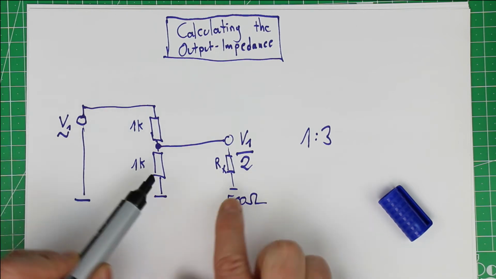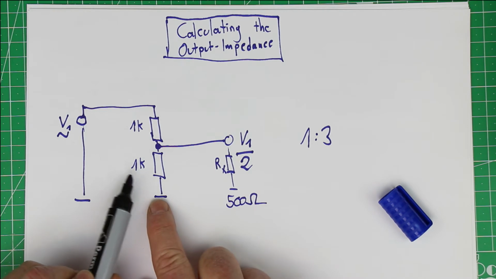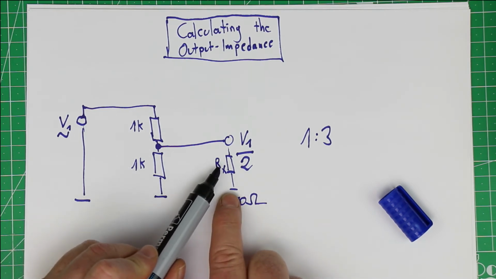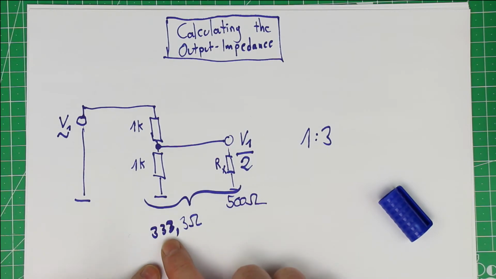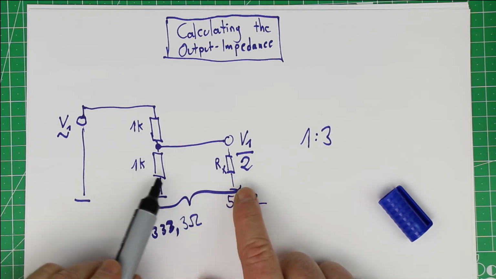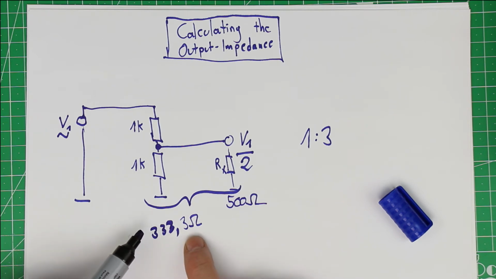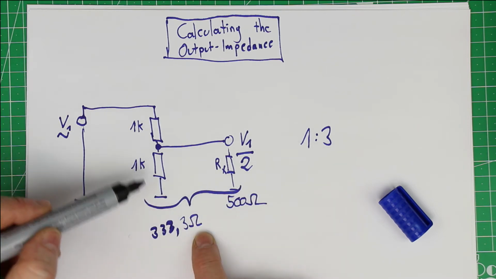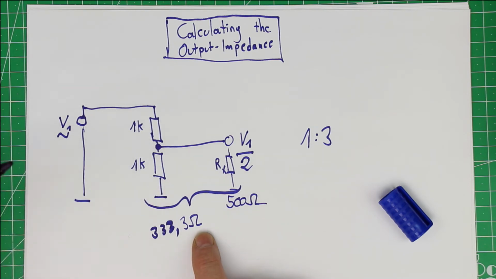So when does a combination of two resistors, one of which is 1K, the other one unknown, give a ratio of 1 to 3? The answer is if the combination of these two parallel resistors gives a resistance of 333.3 ohms, then we have the ratio of 1 to 3 between these two parallel resistors and this one.